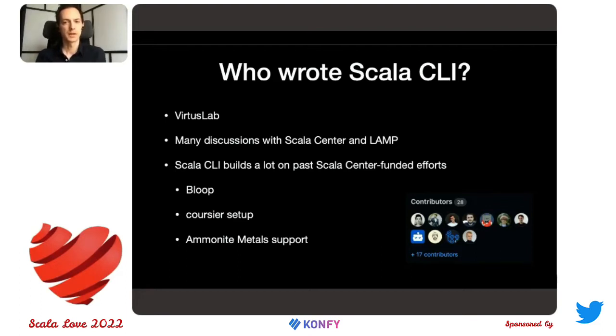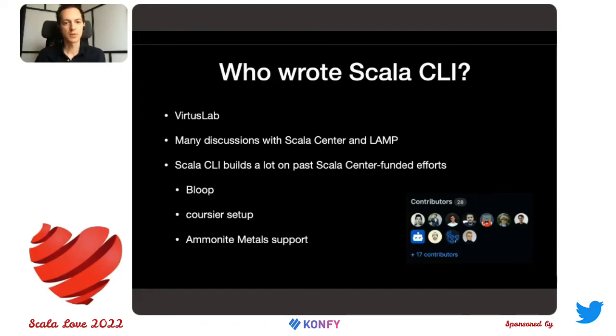Now Metals has support for Ammonite scripts, and many things needed to be tweaked in Metals for scripts to work properly through BSP. And Scala CLI is going to benefit from this.